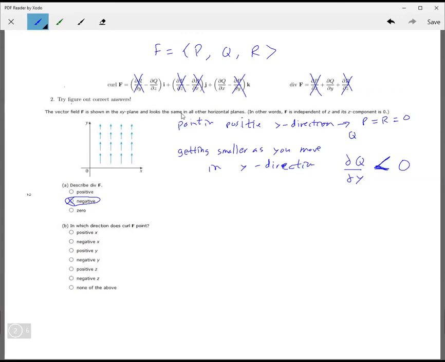Also, it says up here that f is independent of z and the z component is 0. So as you're going in the x direction, they're remaining constant, so this is 0. All those are 0. Then it asks, in what direction does this curl point? It doesn't point in any direction, so none of them.